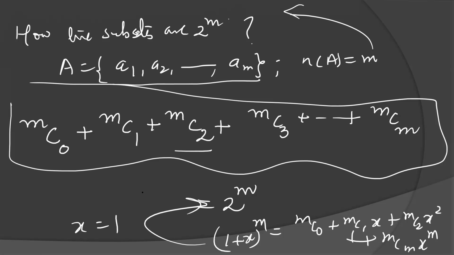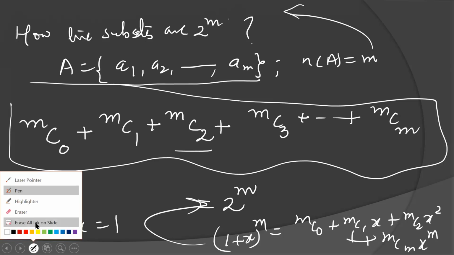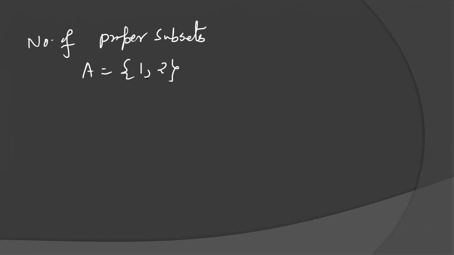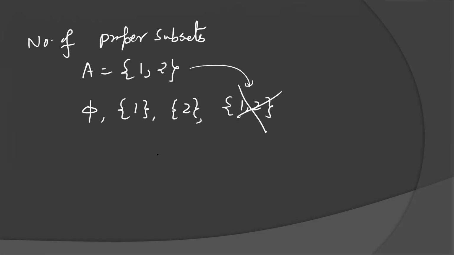Now my doubt is why the number of proper subsets is 2 to the power m minus 1. Suppose A is any set with the elements 1, 2. Then the subsets are the null set, 1, 2, and 1, 2. The set 1, 2 we cannot take, because it is not a proper subset; it is the set itself. So it is 2 squared minus 1.